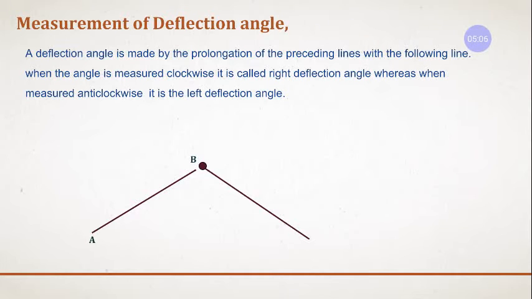You have AB as the preceding line and B as the station point. Then we have taken the following line. We have set up the following line.